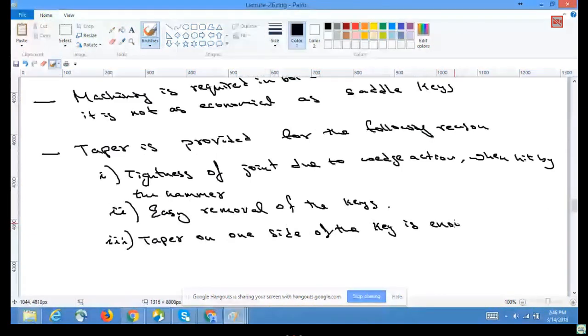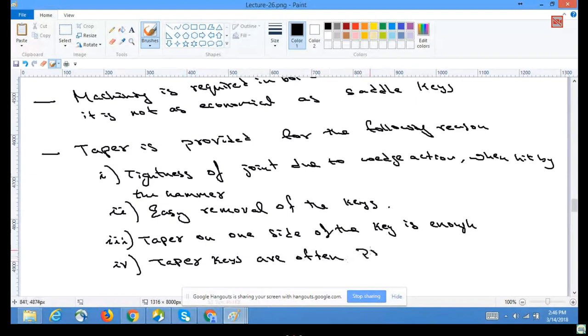Finally, taper keys are often provided with gib head to facilitate easy removals.